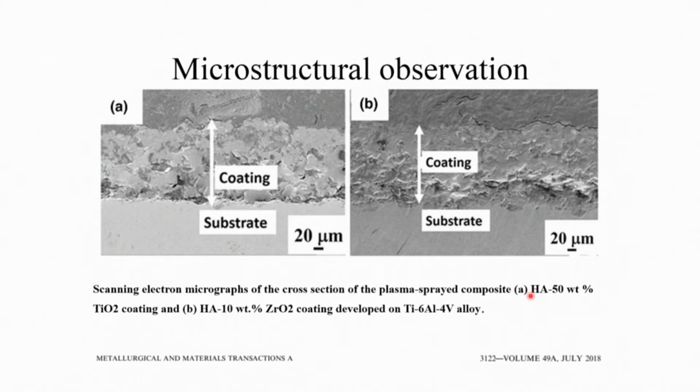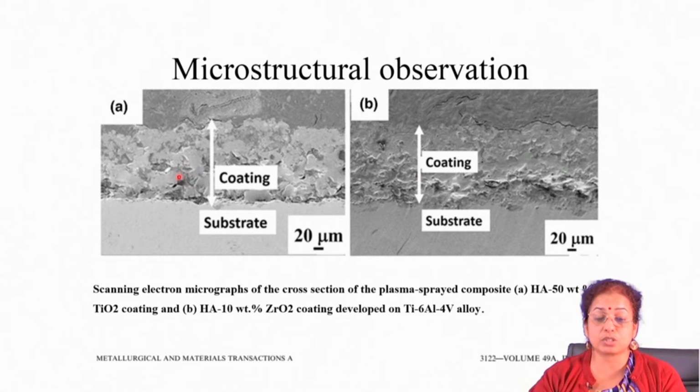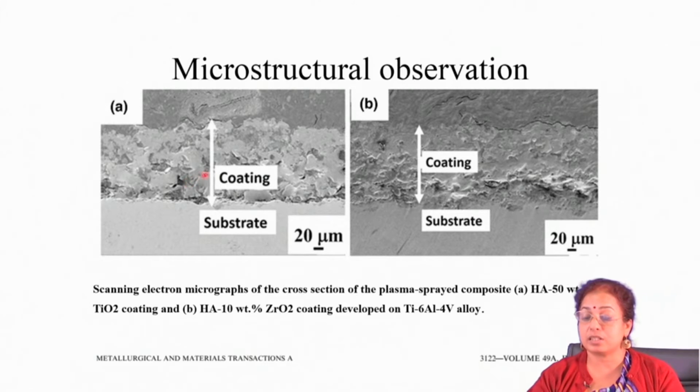If you see the coating carefully, you will find that the interface is very strong. You will find there are no porosities or defects at the interface. Coating thickness varied from 200 micron to 250 micron, and in both the cases, whether hydroxyapatite plus titania or hydroxyapatite plus zirconia, you won't really find those features of the titania or zirconia in a separate way.